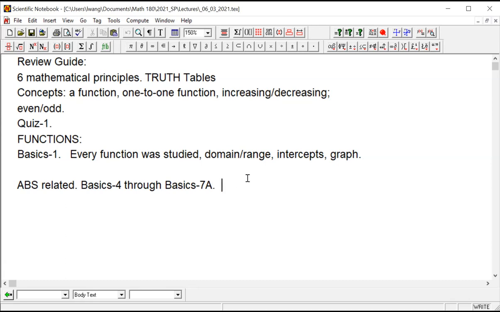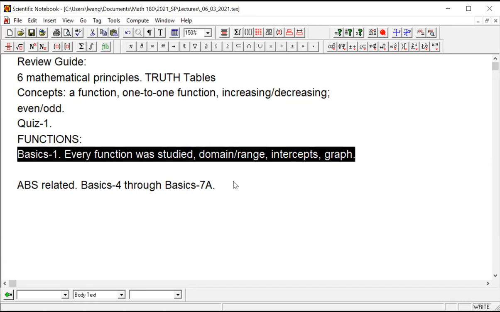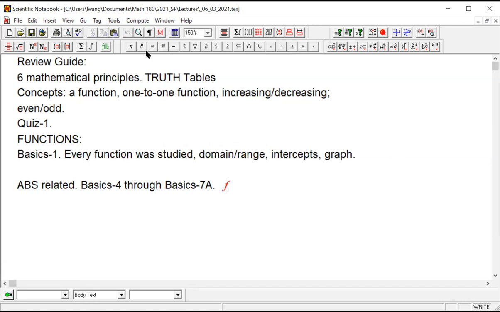And they're if statements, of course. What is the statement? The statement was studied in one of the functions. One of the functions we studied in Basic 1 was absolute value, the absolute value function. Let me just keep it simple, this function.